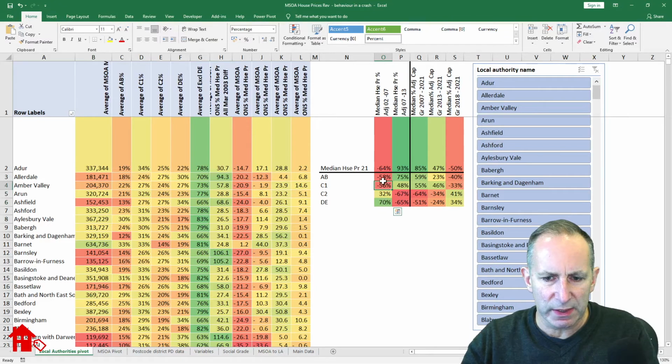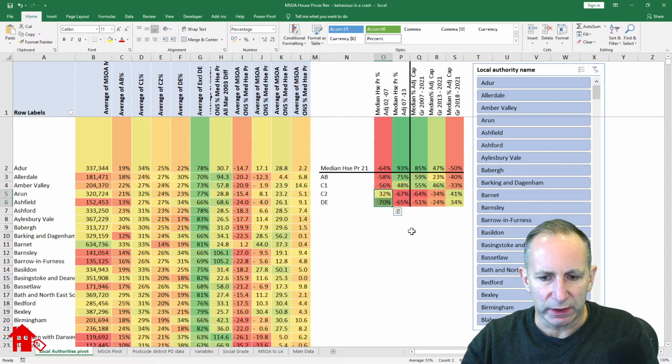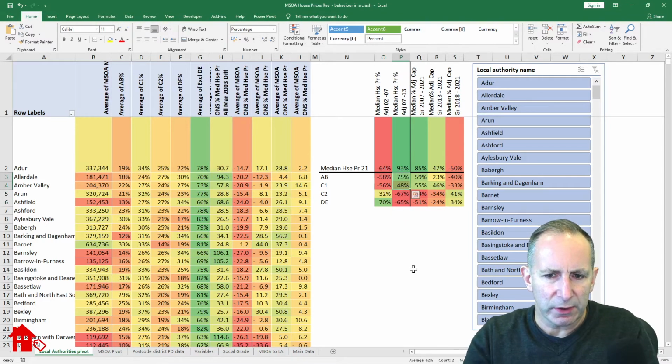So in other words, these areas were more bought out. In other words, property prices were topping out, relatively speaking, and people felt there wasn't value there. And therefore, they tended to end up buying in areas where there was more value, i.e. social grade C2DE.